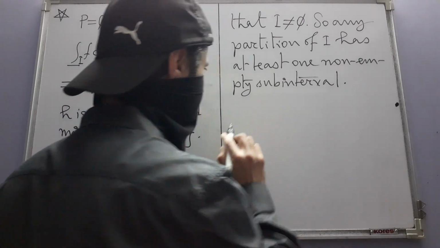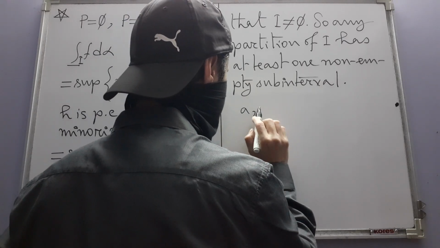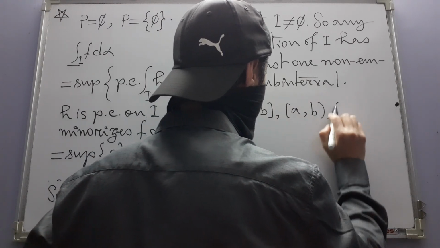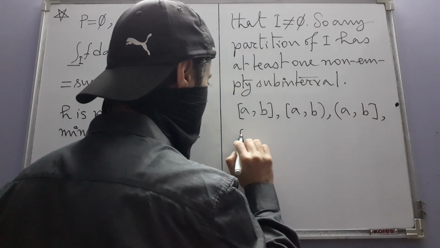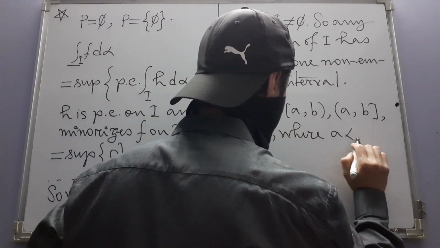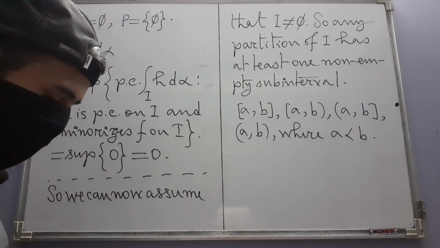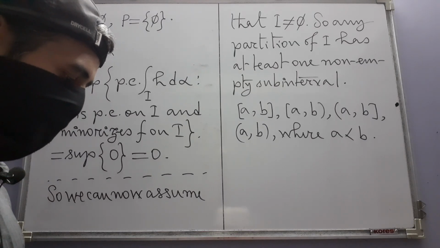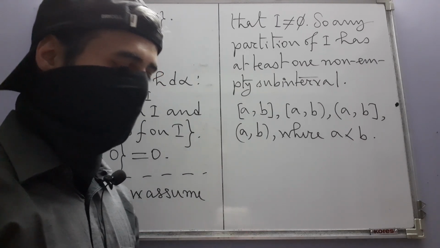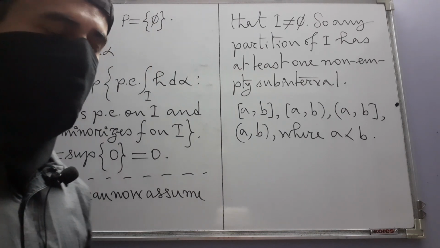And you already know that when we consider I to be non-degenerate, it can be of any of these four types, where A and B are real numbers with A less than B. And then we just mimic the original proof, the proof of theorem 1151, and adapt it to this situation.